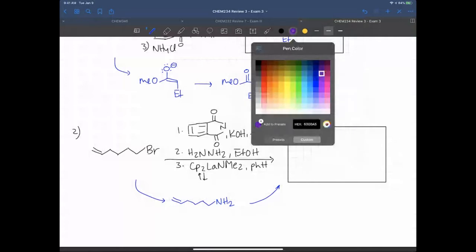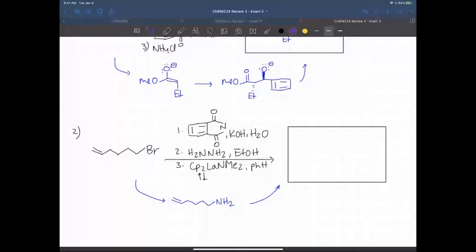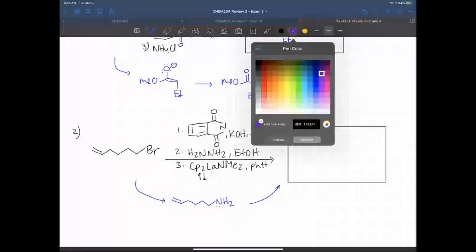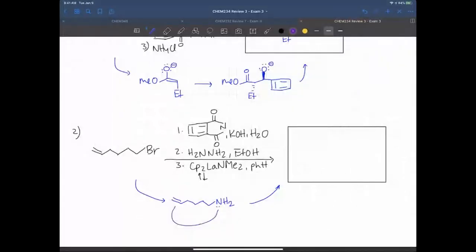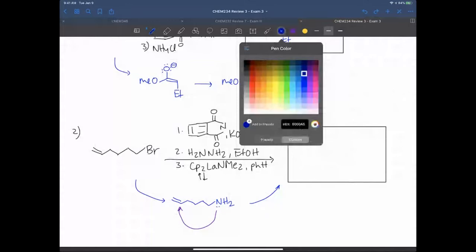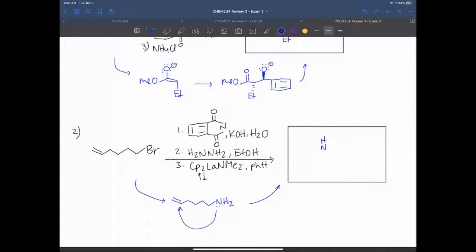What does this reaction do? It attacks the anti-Markovnikov site. Yes, good. You guys remember it's a Markovnikov site. So I'm going to cyclize it, and it becomes a ring, right? So what I get is right here.